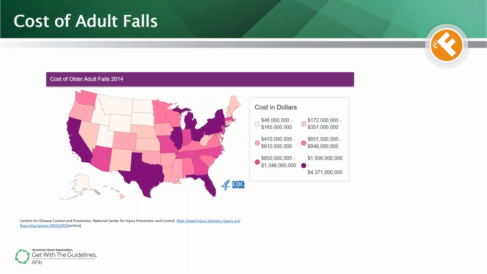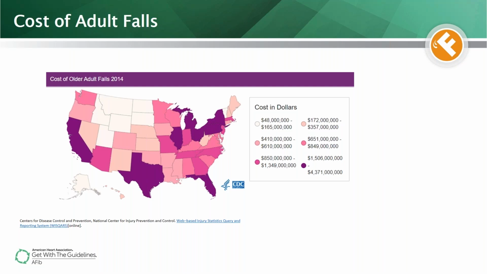So not only are falls dangerous, resulting in injuries and hospitalization, but they're costly. When we look at the costs, also from the CDC, we see that in 2014, our states were spending millions to billions of dollars every year on falls.